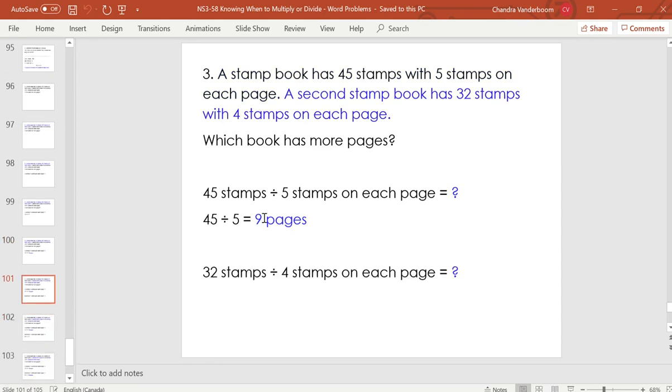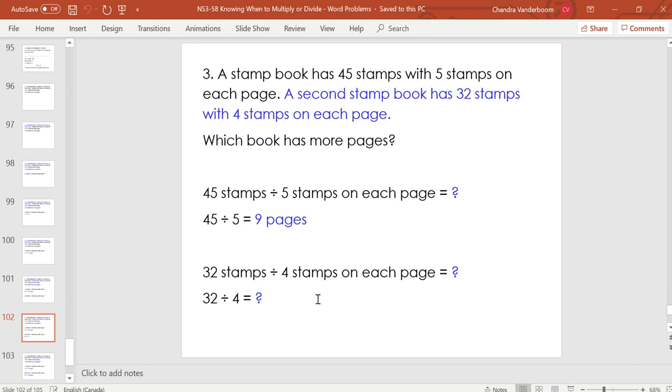Okay, then let's go to the second book. A second stamp book has 32 stamps with 4 stamps on each page. So that's 32 stamps divided by 4 stamps on each page equals how many pages? 32 divided by 4 equals, let's do our skip counting.